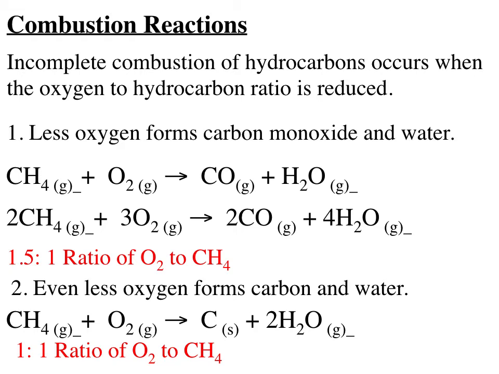So again, I want you to recognize for complete combustion, the carbon product formed is CO2, and for the incomplete combustion, you're forming either CO or C, and these are because of the reduced ratio of oxygen that you're supplying to the fuel.